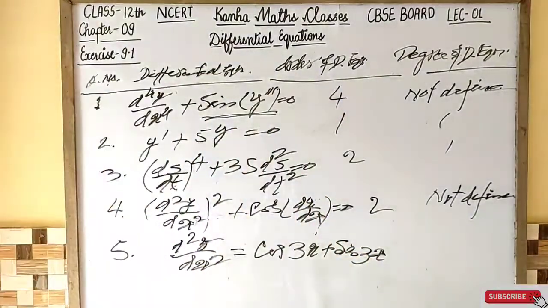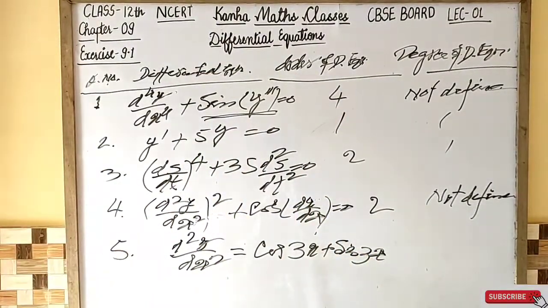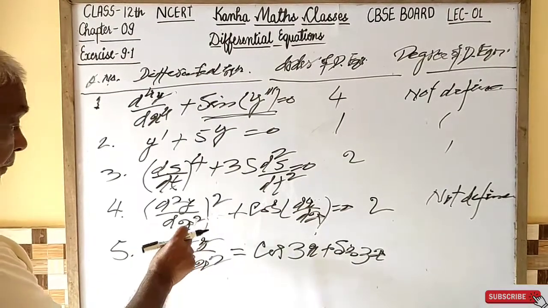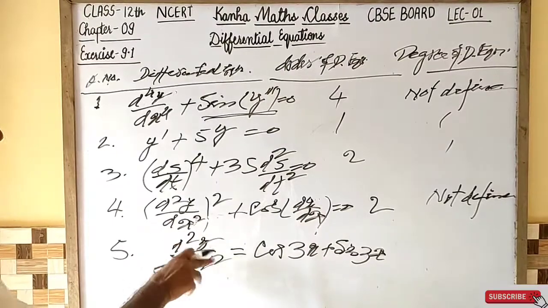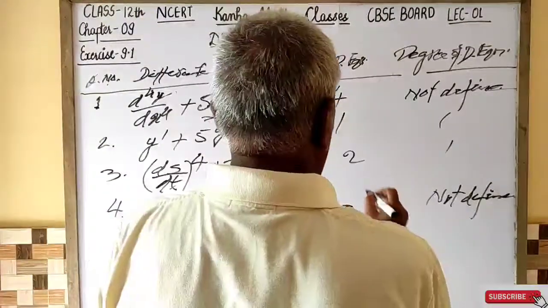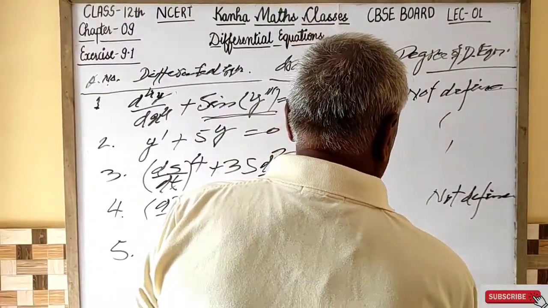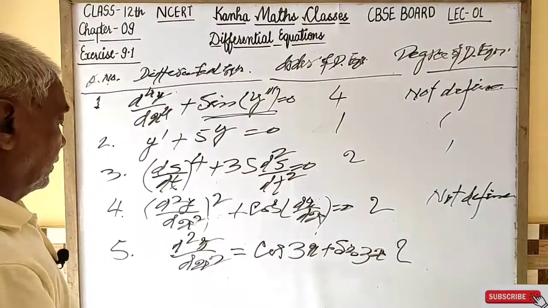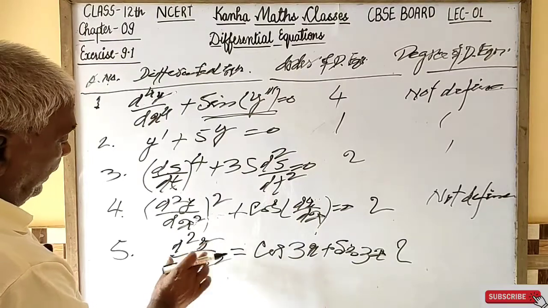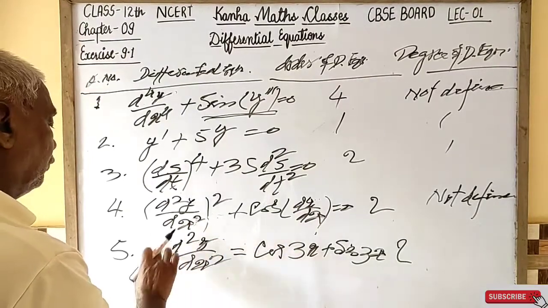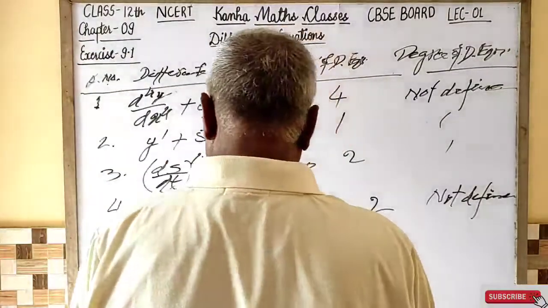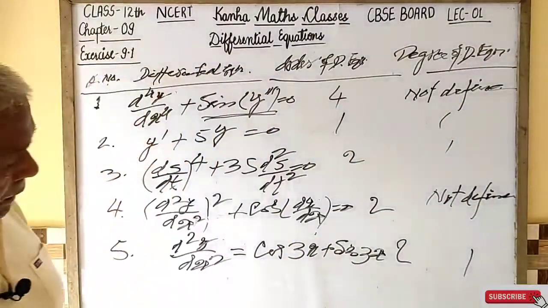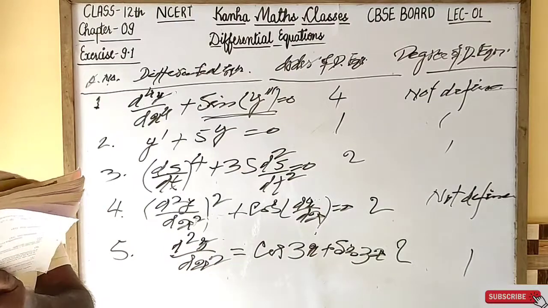Here in this differential equation under question number 5, the highest order of the derivative is 2, hence the order of the differential equation will be equal to 2, and the degree of the differential equation will be equal to 1 because it has only one power. Let us try one more question.